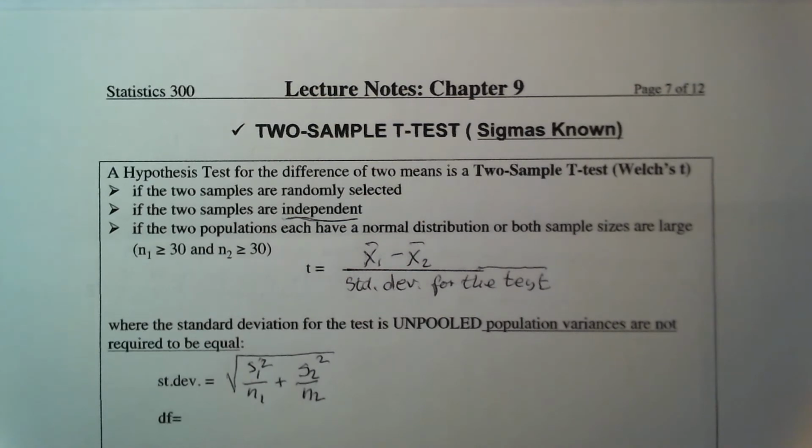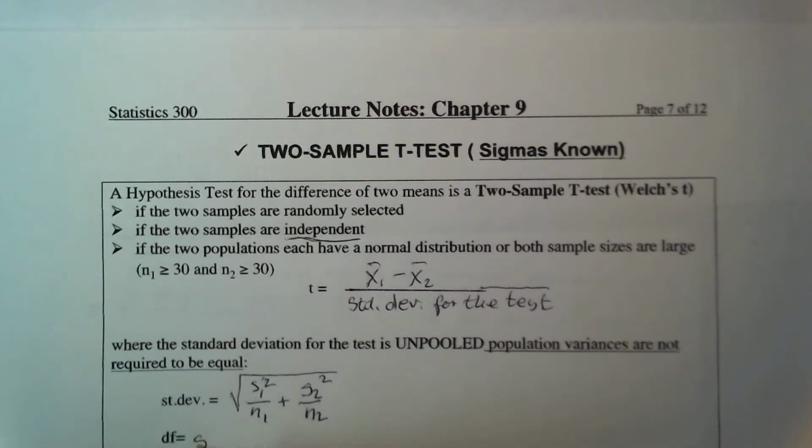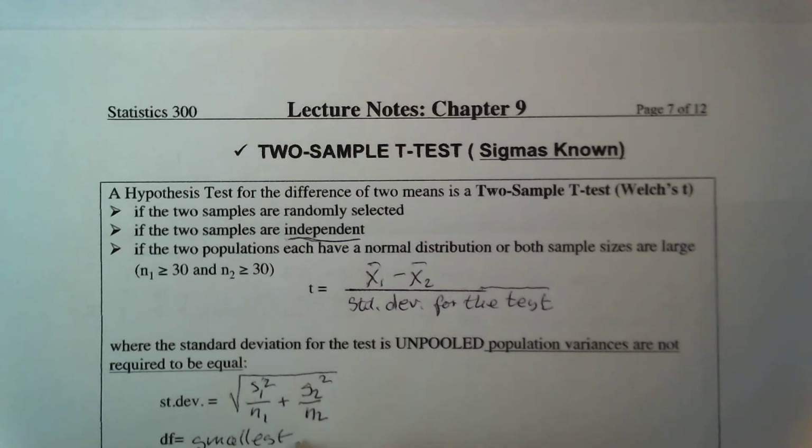And of course, degrees of freedom is, in this case, the smaller of the two n's, n1 or n2, minus 1.